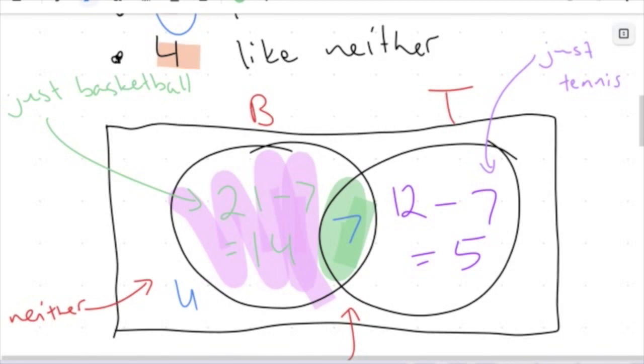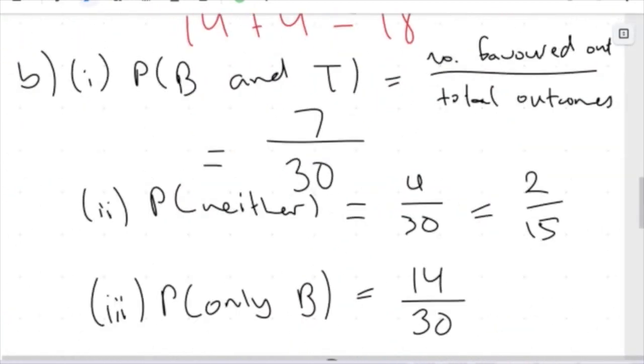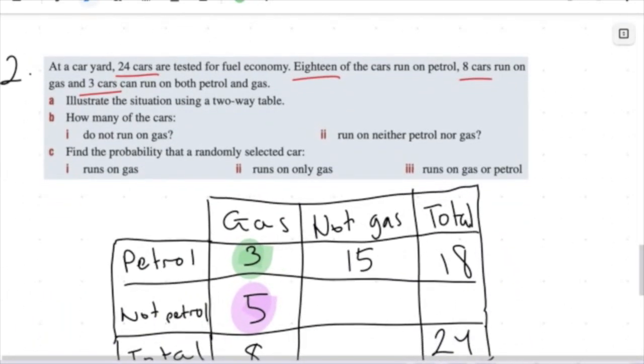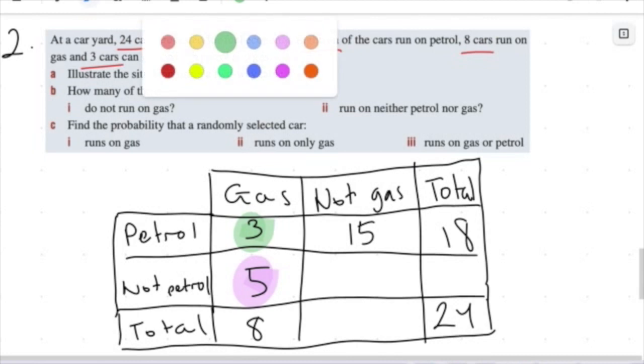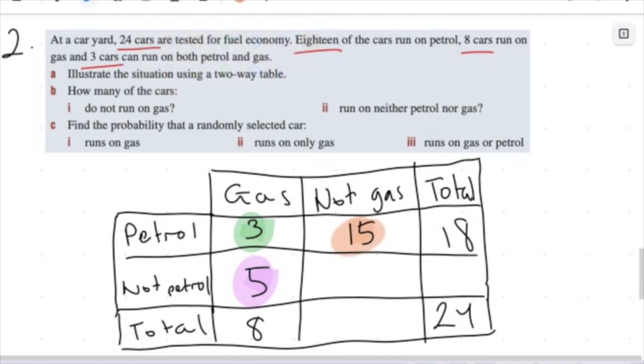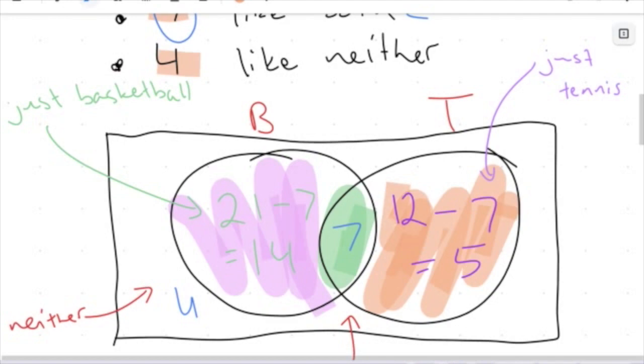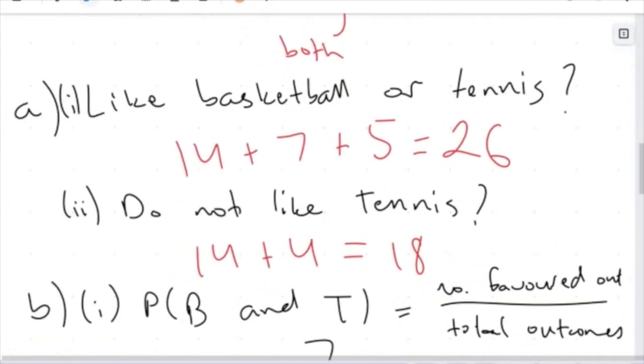I'm just using the Venn diagram because I find it's good for visually seeing this kind of stuff, and I've noticed a lot of students don't really like the two-way tables. They prefer the Venn diagrams. So I'll kind of jump back and forth between the others. And the ones that have not gas and only petrol, that's going to be this section up here.